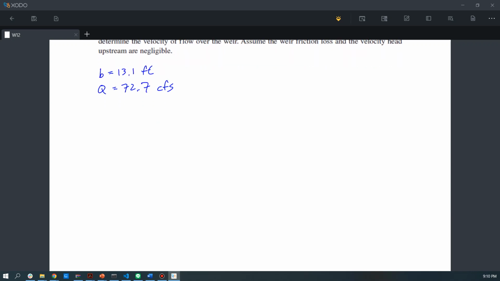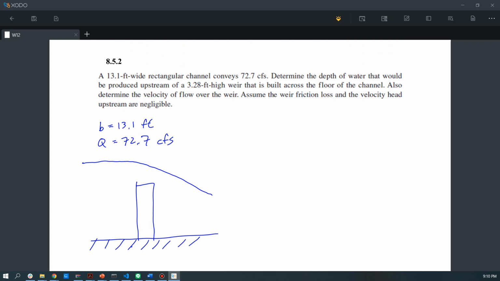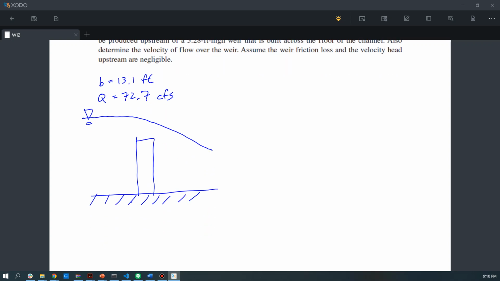And if we draw a diagram for that, we will have something like this. Okay, so this is the flow and this is the weir.